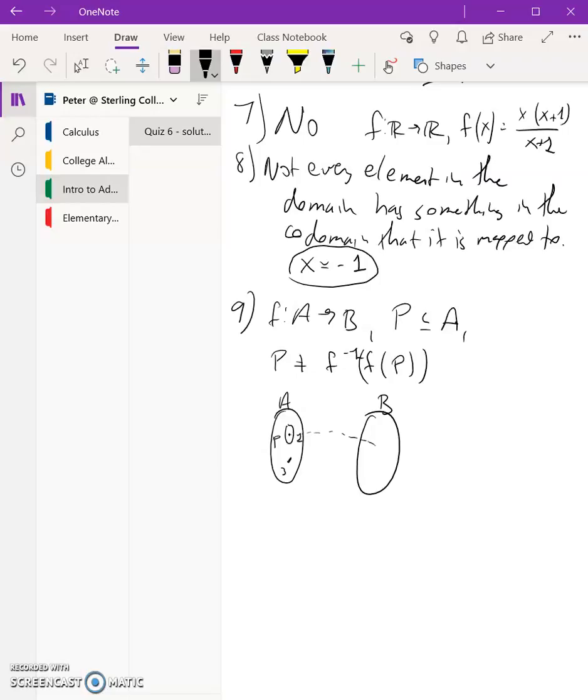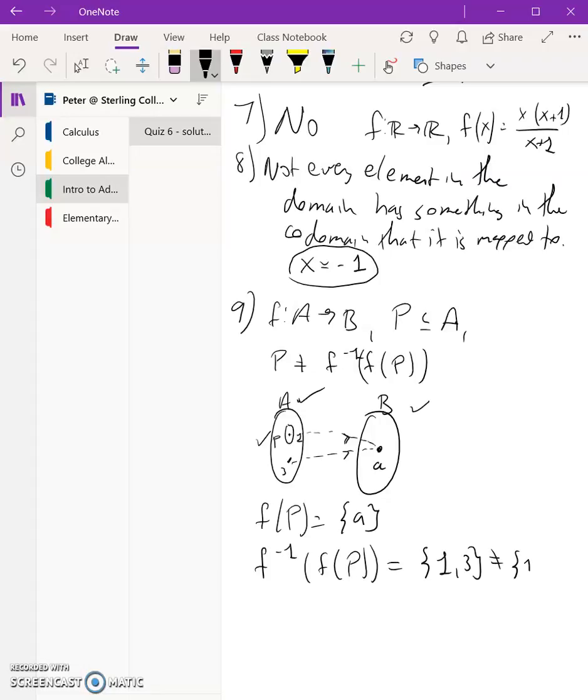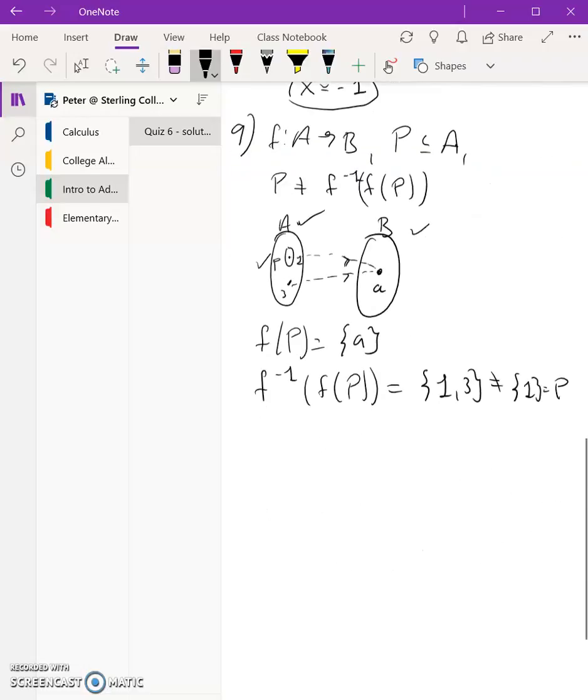And let's say we create this map, and both of these elements are going to get mapped to this element of B. So what you have here is the set A, the set P, that's a subset of A, and your set B. Now you need to find f of P. Well, this is just the set containing the element that 1 maps to, and then find f inverse of f of P, which is now the set containing 1 and 3, which does not equal the set containing 1, which is equal to P.